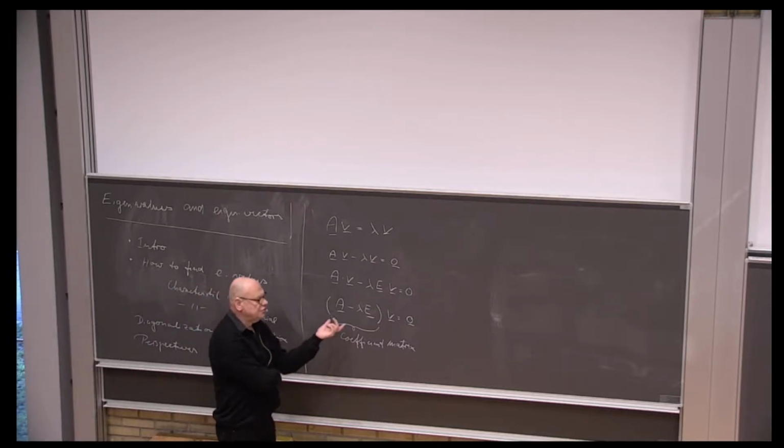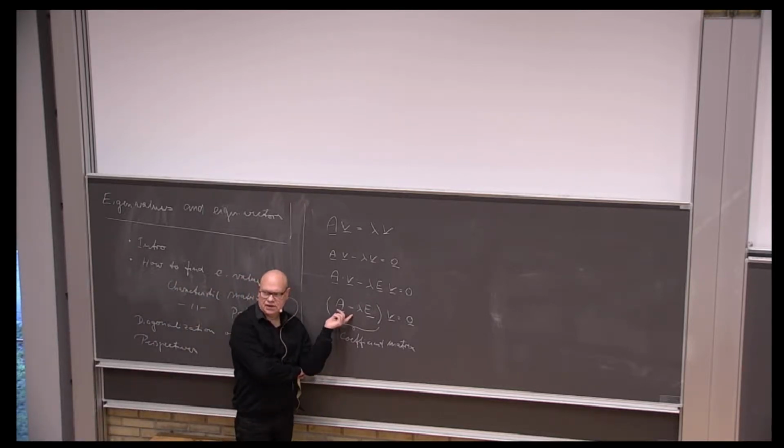What is the solution to this equation if this coefficient matrix is regular? Yep. The solution to this equation, if this coefficient matrix is regular, is only the 0 solution.